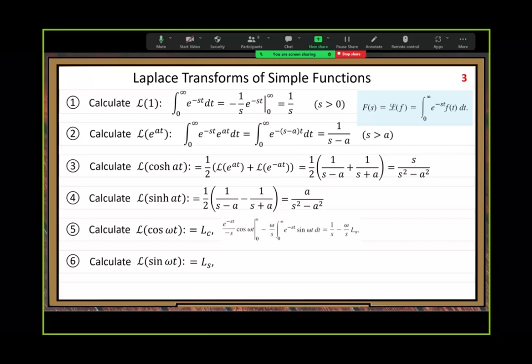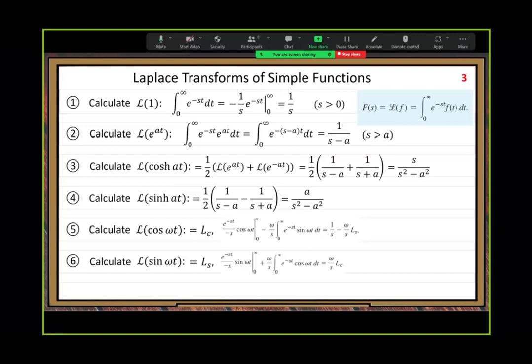For the first one, you just do integration by parts carefully. From the definition, you will get an expression with LS. LC, you need to use the LS value to represent.